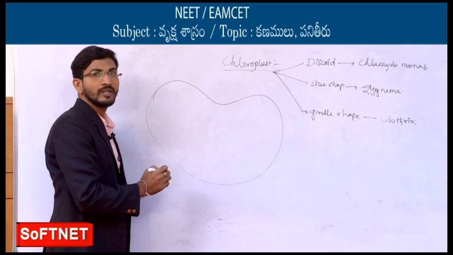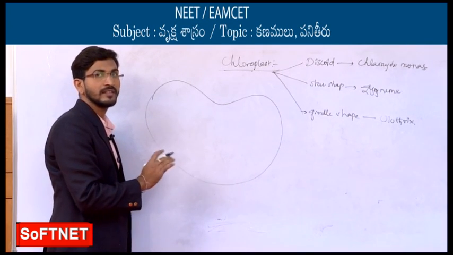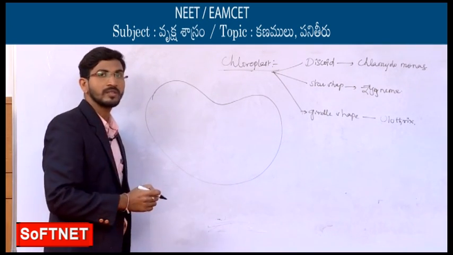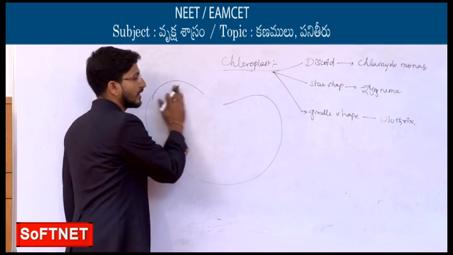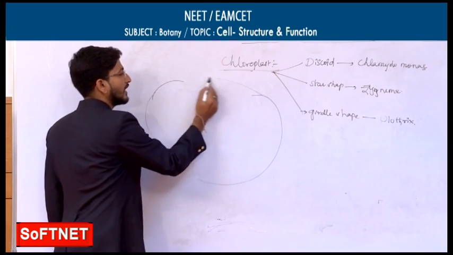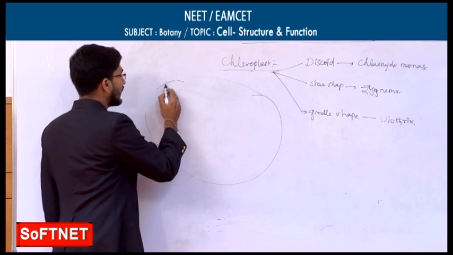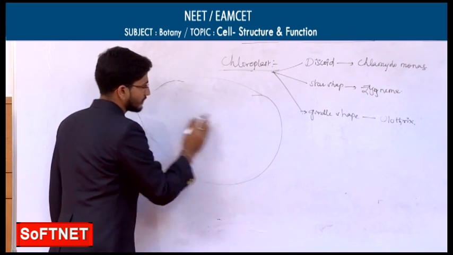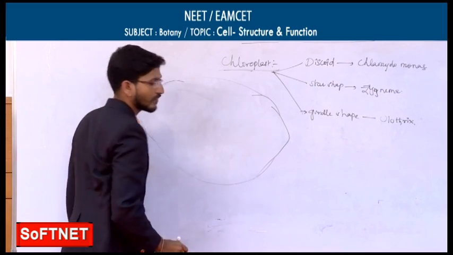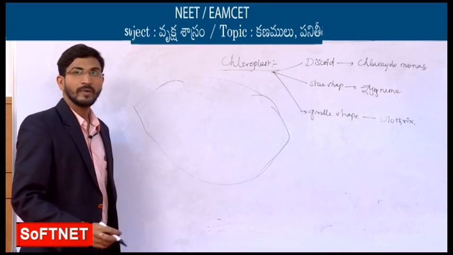If you observe the internal structure of the chloroplast, it is an ellipsoid shaped or discoid shaped structure. It contains an outer envelope and an inner envelope.